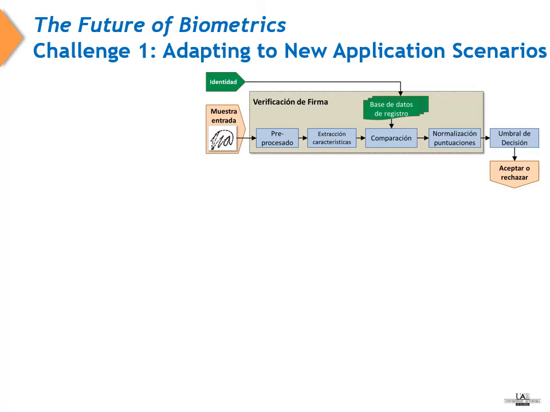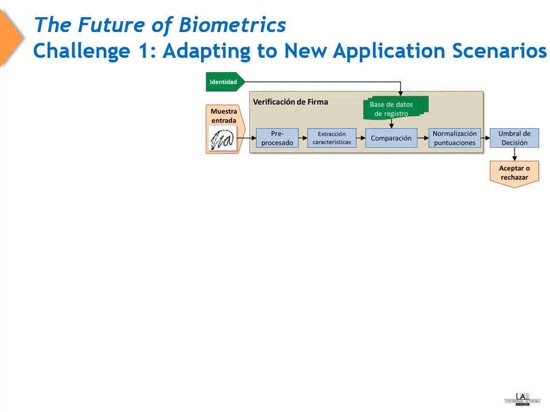So if you plan some continuation of this master involving some kind of research proposal, and including for your own projects, and this research is somehow related to biometrics, I would say, or in general computer vision applications or pattern recognition applications, these are 4 challenges, 4 interesting research topics that you should consider. And these kind of challenges also show the limitations that nowadays we have in biometrics and in other related areas.